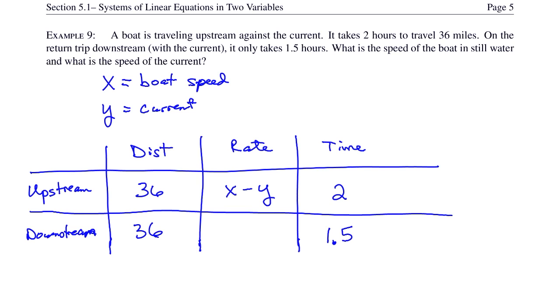So the actual average rate is x minus y, because the boat was working against the current. Now, when the boat returns, the current is going the same direction as the boat. So the current helps the boat. And so if the boat was going x, then it gets the benefit of the current. So the rate that it goes downstream is x plus y.